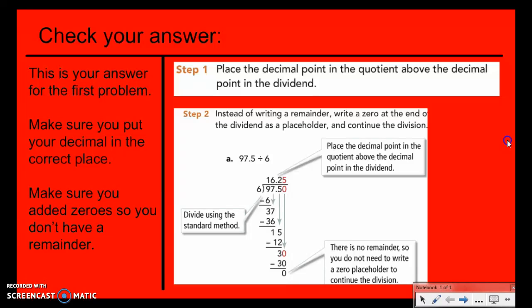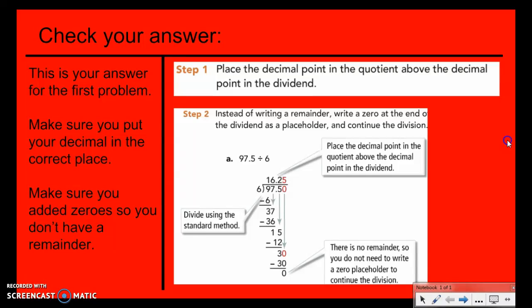So step 1 was, of course, place the decimal point in the quotient above the decimal point in the dividend. All right, and we did that first. Step 2 is, instead of writing a remainder, write a 0 at the end of the dividend as a placeholder and continue dividing. You can keep putting zeros after your last number until you get down to the closest you can get to a 0.